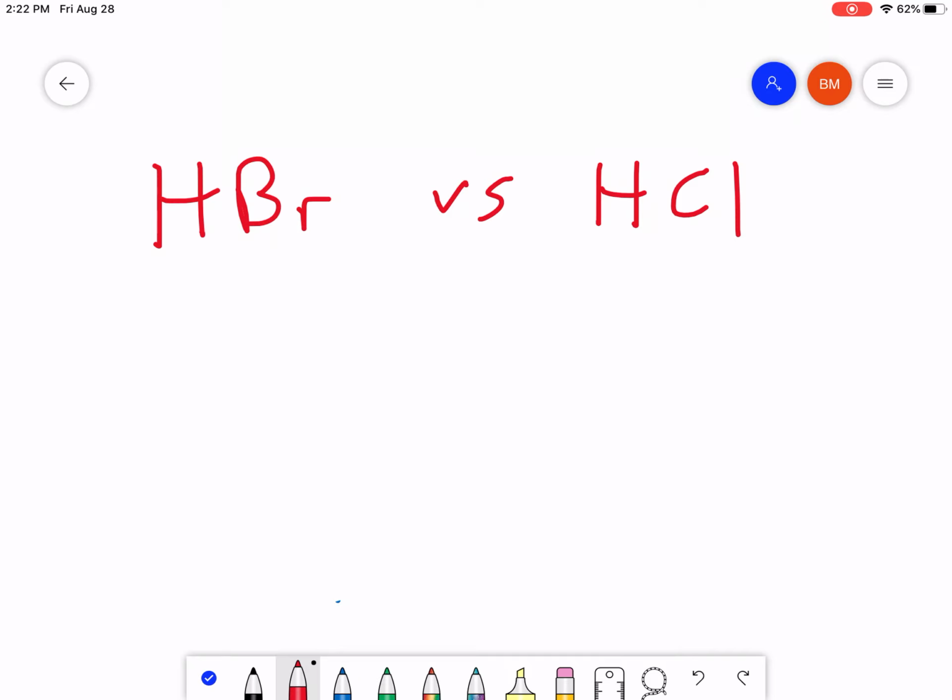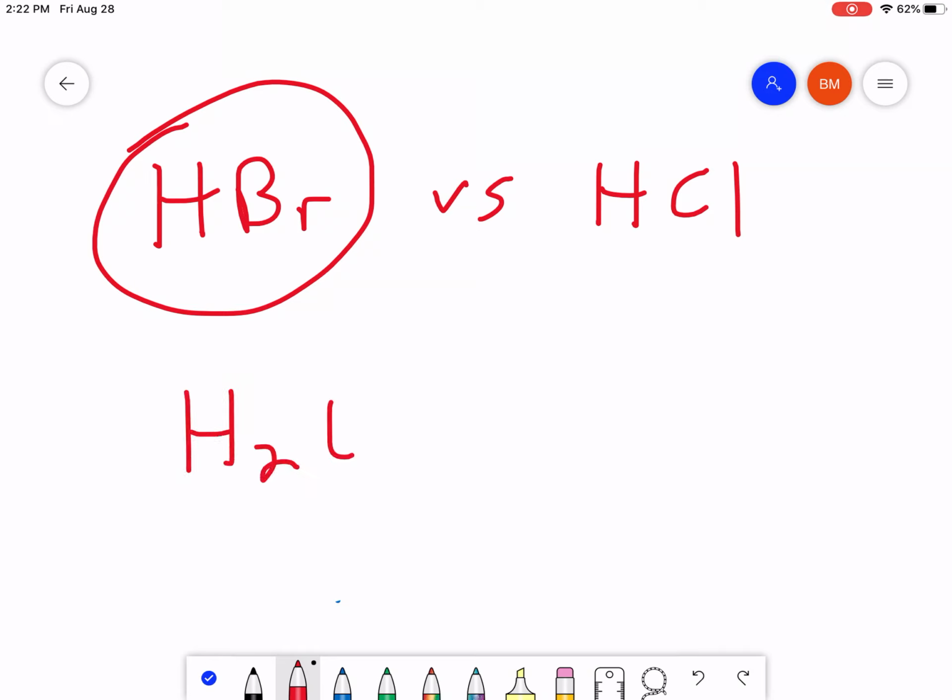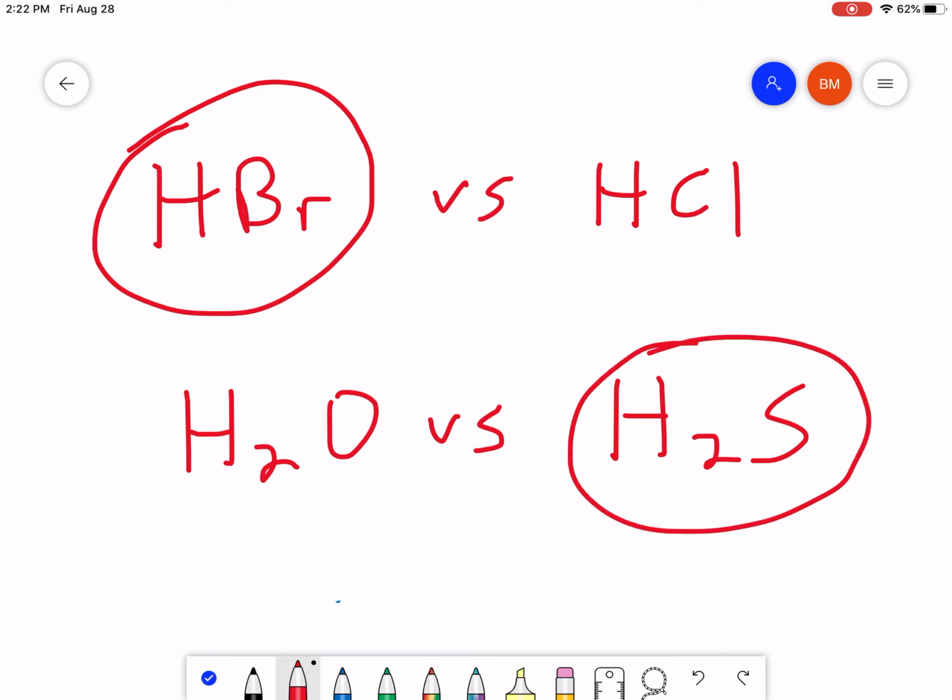Cl is more electronegative, but since Br is a bigger atom, it's actually going to be a little bit more stable as a conjugate base, and HBr is a more powerful acid. H2O versus H2S, right? They're both in the same column. However, sulfur is a little bit bigger than oxygen, right? So you'd have a negative sulfur versus a negative oxygen. Oxygen's more electronegative, but the size difference means that H2S is actually going to be the more acidic molecule.